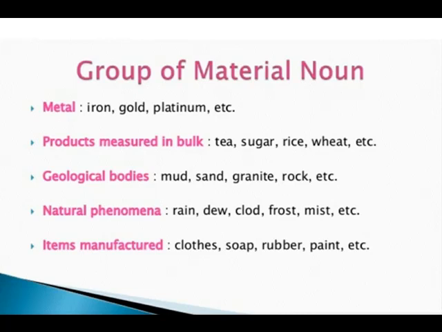Then we have bronze, glass, brass, flour, cotton, silk, steel, and still there are many names of materials. Now, maybe in your mind a question will arise: can we see a material noun or can we touch a material noun?